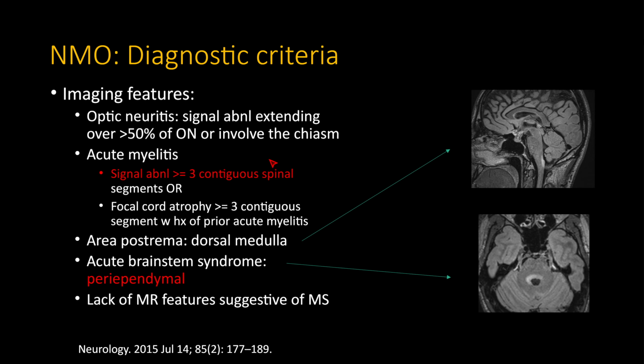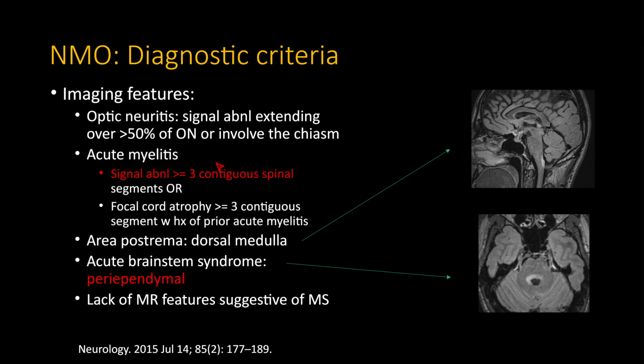As far as the myelitis goes, it's considered characteristic when it's longitudinally extensive, meaning that the signal abnormality involves three spinal segments, three vertebral body levels. Alternatively, by the consensus criteria, focal cord atrophy over more than three vertebral body segments is also considered a characteristic imaging finding of NMO.